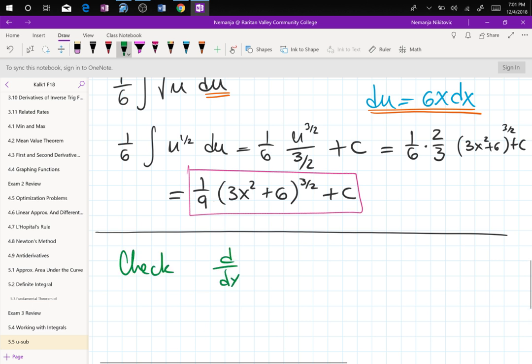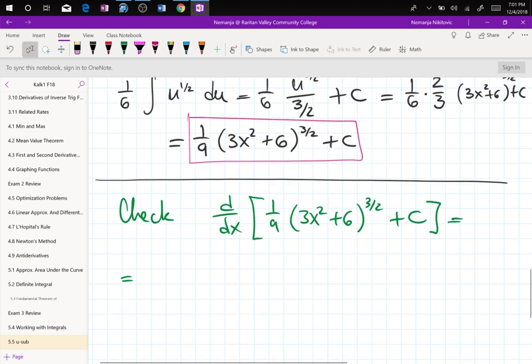By taking the derivative of 1 over 9, 3x squared plus 6 raised to the 3/2 plus c. We'll take the derivative of this, and hopefully we get our original problem. All right, let's go. 1 over 9 is a constant, copy, times 3/2, the exponent drops down.